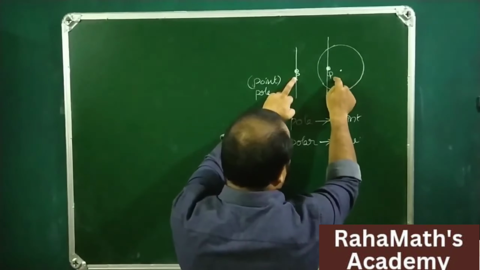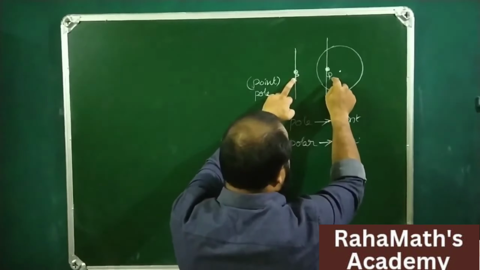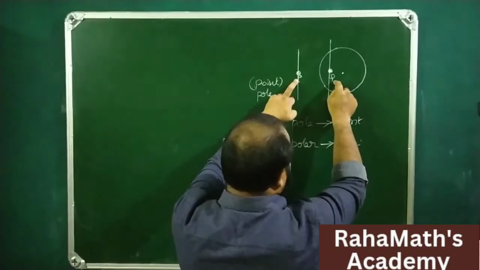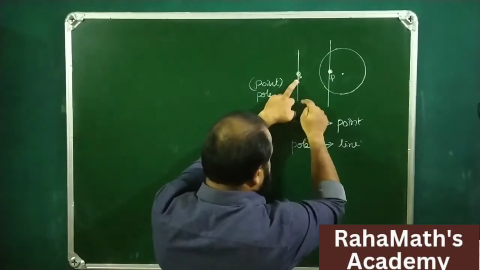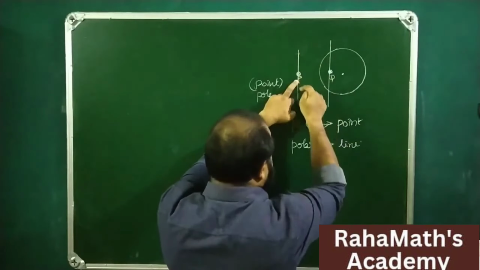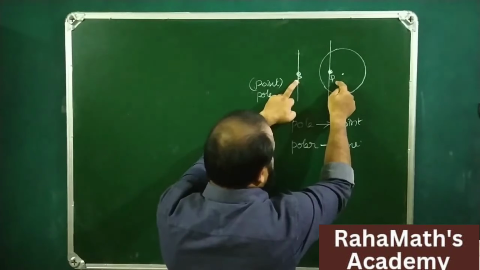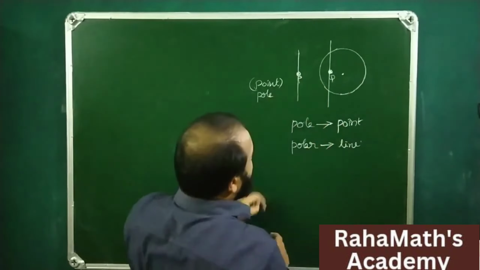Since it is a pole, it has to have a polar, and that polar is, for example, this. The polar of the point Q is this, and this polar of Q is passing through P.